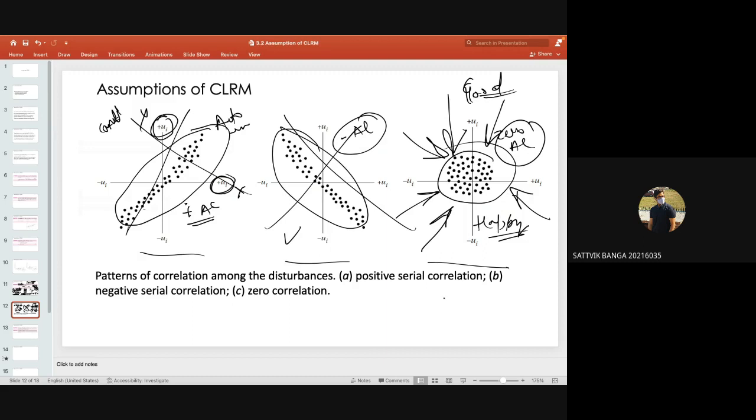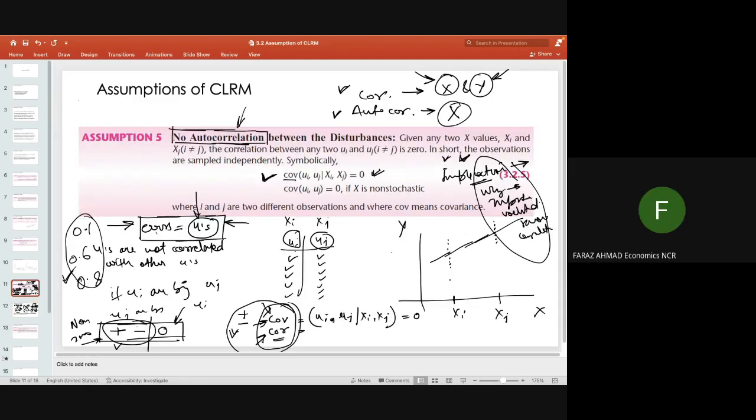Can you please explain assumption 5 once? I didn't understand the assumption. Okay, you want me to repeat assumption 5? Yes, sir. When Priyank asked, things got a bit confused, and I forgot what the main focus was in assumption 5.